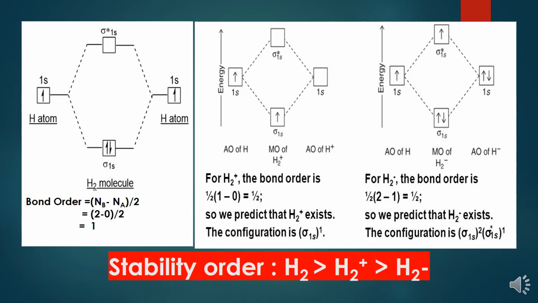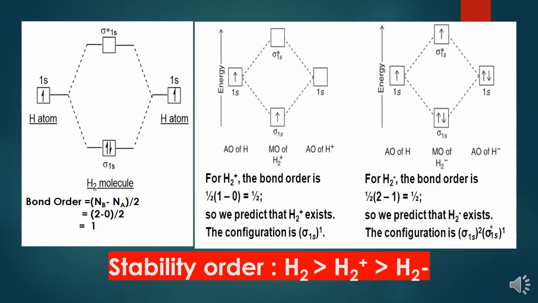Next, we can compare a few ionic species formed by these hydrogen atoms, H2 positive and H2 negative. H2 positive is a 1-electron system, whereas H2 negative is a 3-electron system. As you can see in the diagrams, H2 positive will have only one electron, which will be filled in sigma 1s, whereas in H2 negative, one extra electron will enter the sigma star 1s orbital.